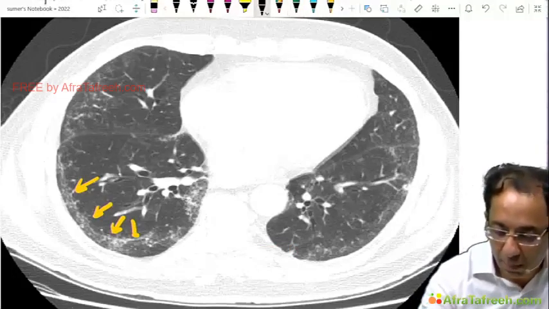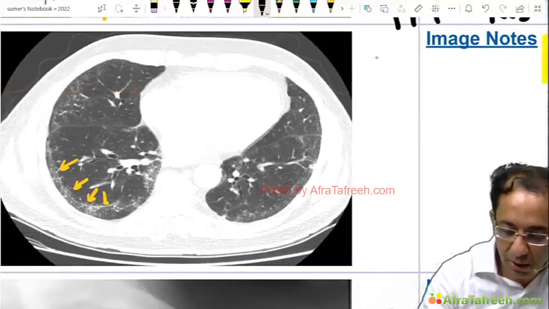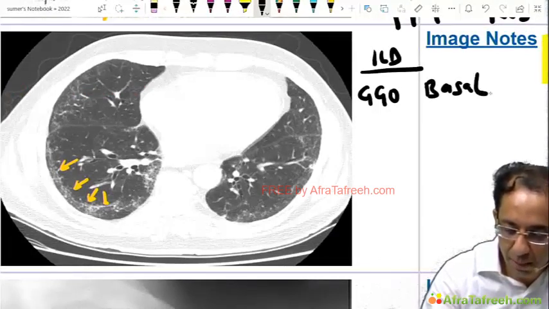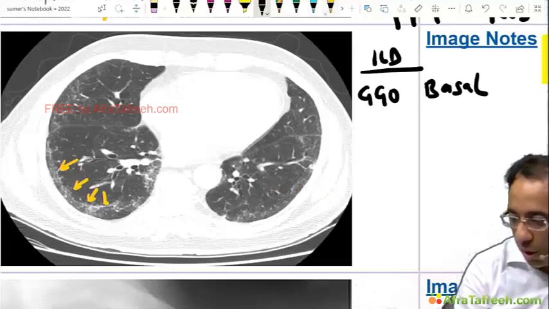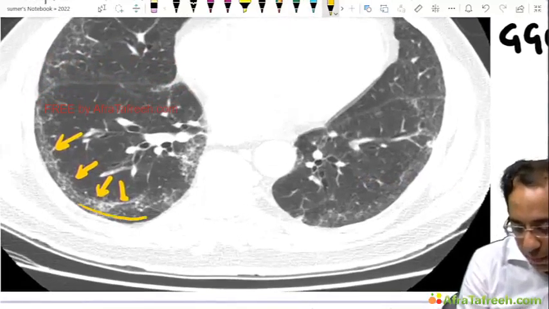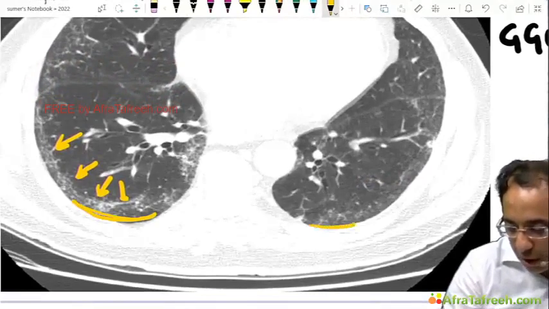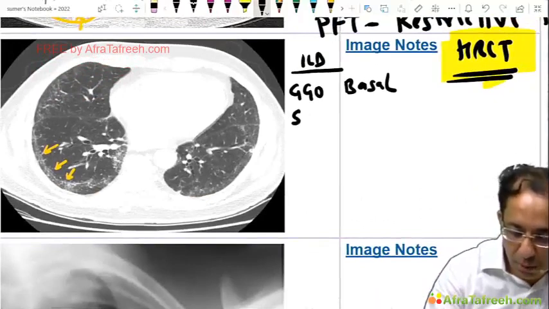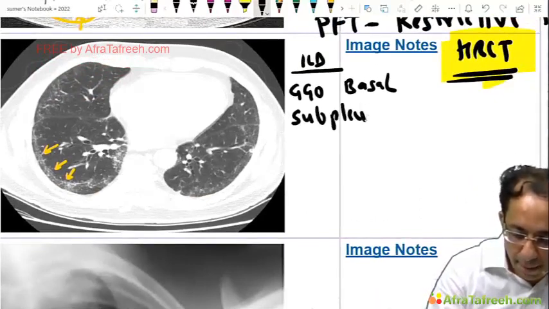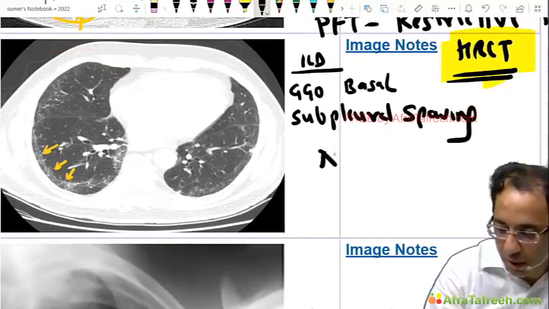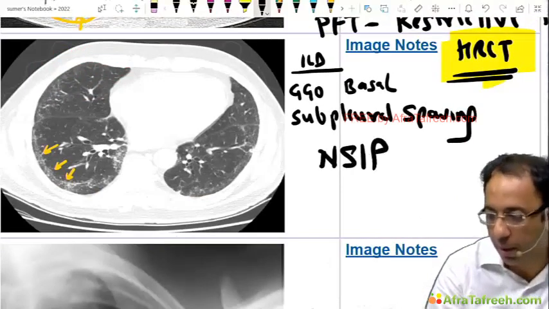So if in a patient with suspected interstitial lung disease you see ground glass opacity in the lung base, not reaching the pleural surface, so it is having subpleural sparing, then it is called NSIP.